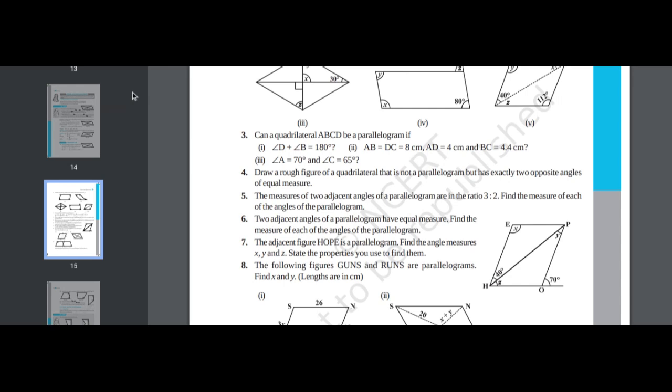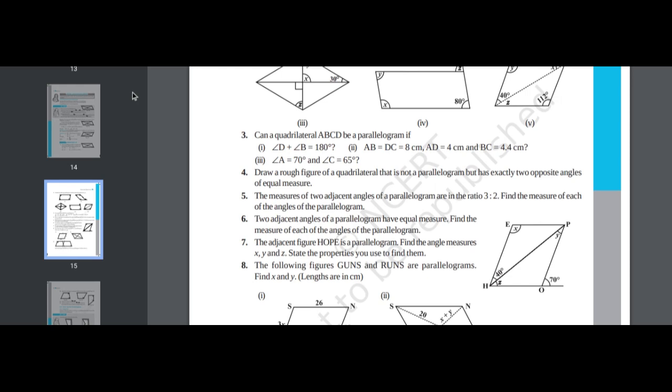So the question says the sum of two adjacent angles is 180, which is A and B. If these two angles are adjacent and equal, we can say that angle A is equal to angle B. So by solving this, we can get each angle measure of the parallelogram.